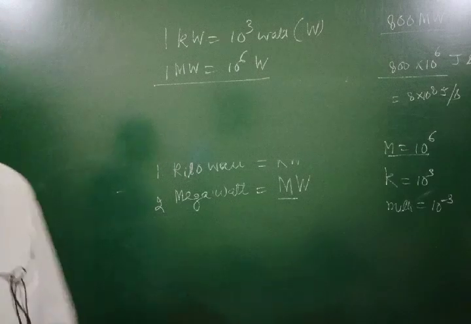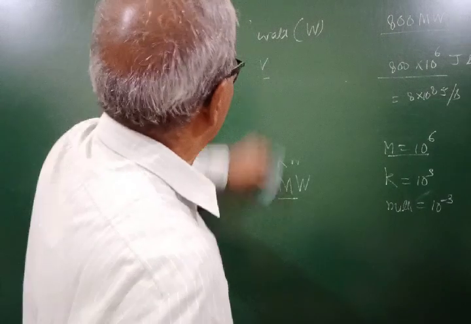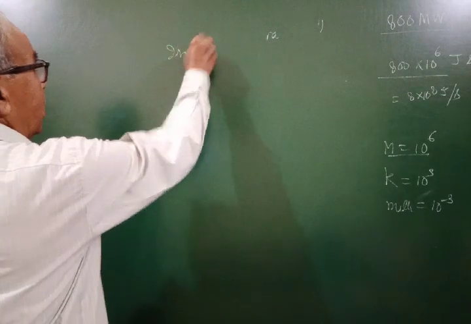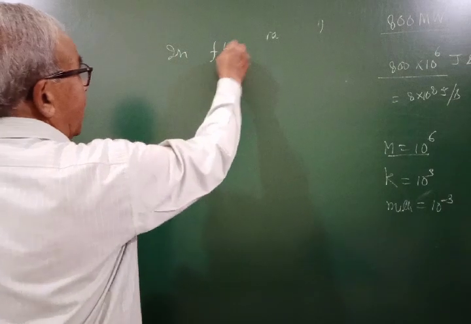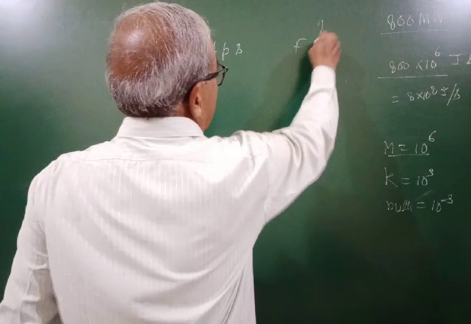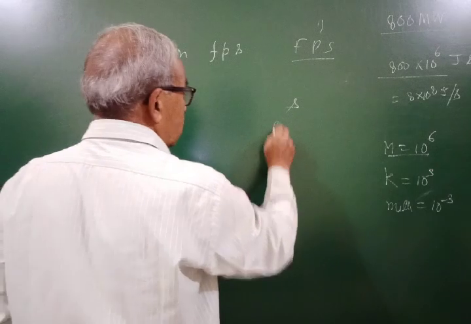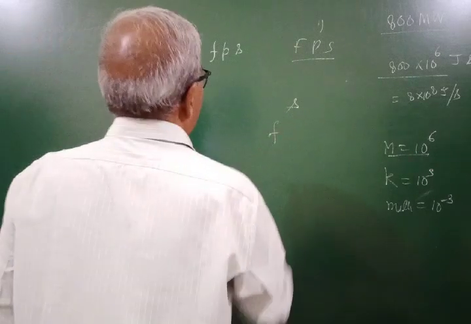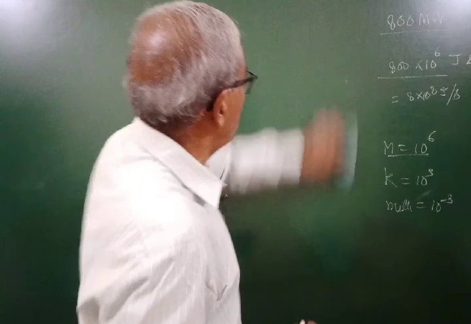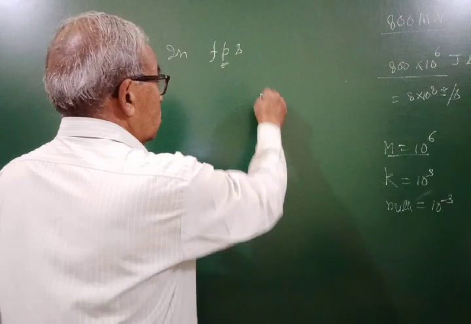Now there is a unit of power in the FPS system. FPS is the foot pound second system, the British system. I never write it like this, because second is written as s, foot is foot, and pound is poundal. Some write it in small letters, but even the NCERT book has written MKS.